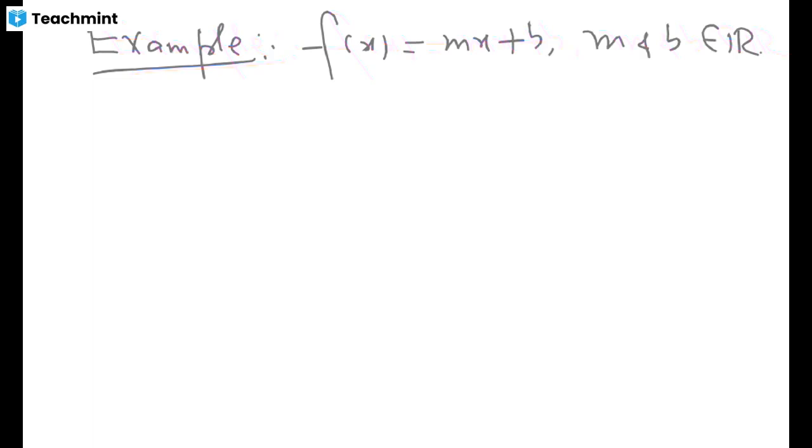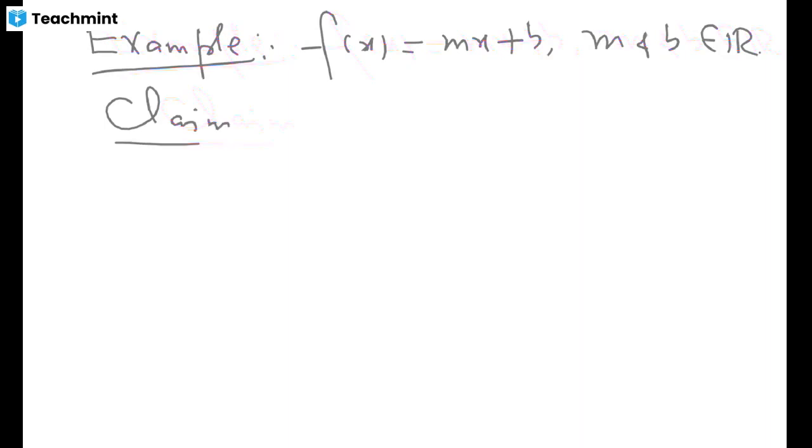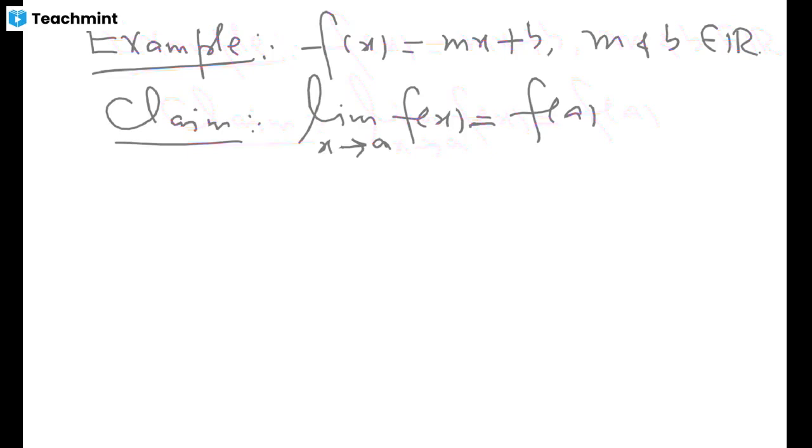Then here I will show that the limit of this function exists at every point on R, and you see this function is defined everywhere on R. Its limit exists on R, and indeed we will show that the limit of this function at any point is the value of the function at that point.